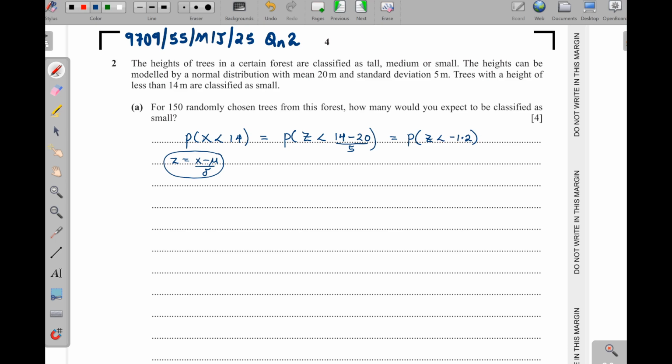Okay, now in the normal distribution table, somewhere they talk about the negative values. So the negative 1.2 is here, and we want that probability, which is less than it. So this is the region, okay? But this same region is actually the same as, let me draw this one again, like that.